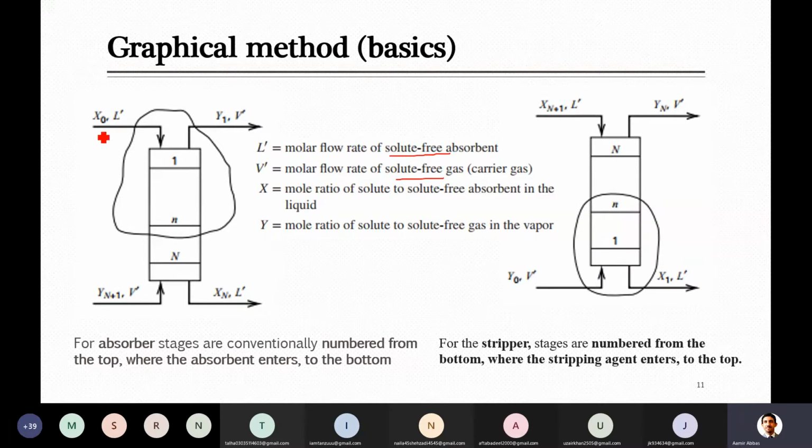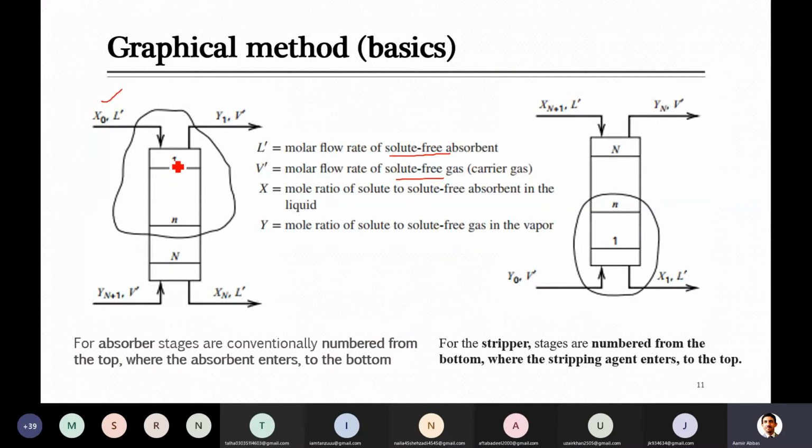So when we look here now, hopefully you know what L prime, V prime as well as X and Y are. Just look here at the first column, the absorber column. When the liquid is entering the tower, its flow rate is L prime, that is molar flow rate without solute, and here the solute concentration is represented with X capital, X naught.